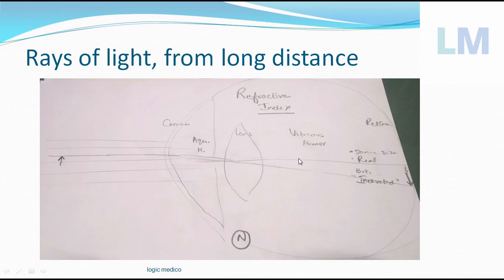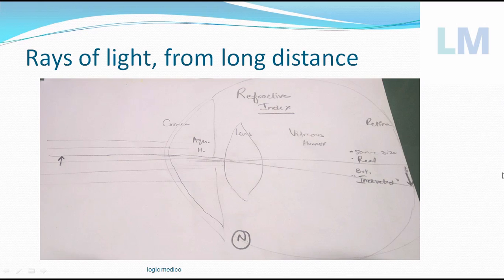We have a biconvex lens within our eyeball. Ultimately, these rays of light will have to refract through this, so the refractive index of all this becomes important. The image of this object will now fall on the retina. It will be of the same size, real, but an inverted image.